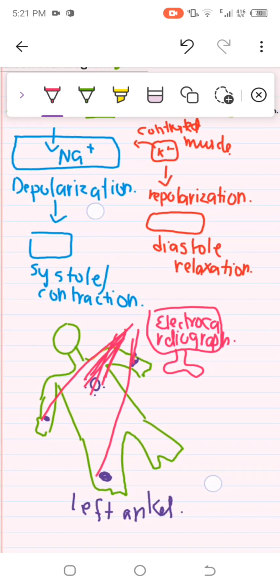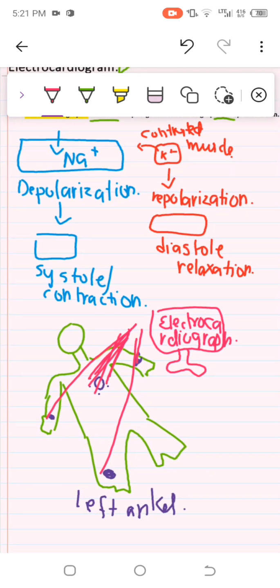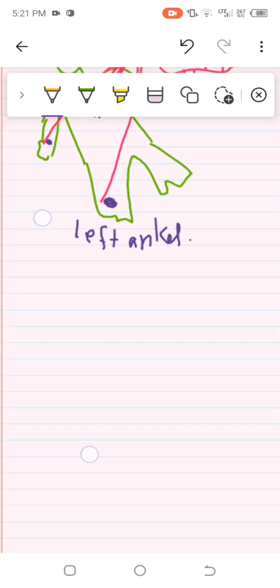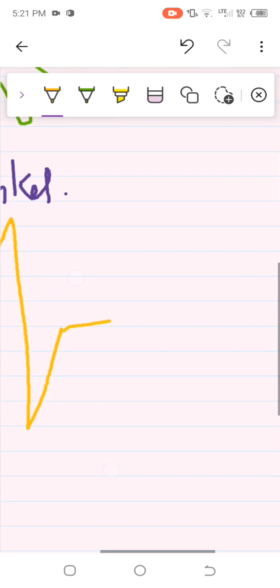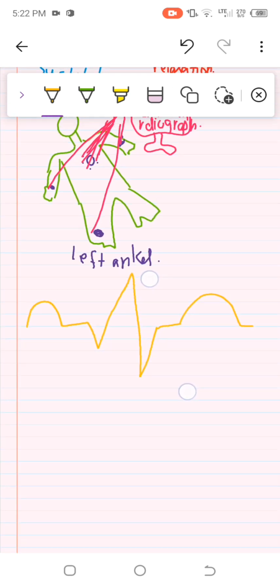Okay, now I will tell you about the waves. Let's see how the waves are formed. Here I have drawn one wave.